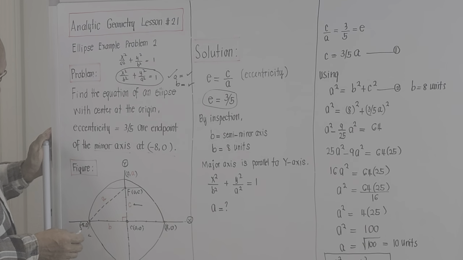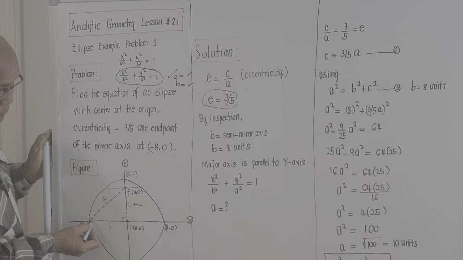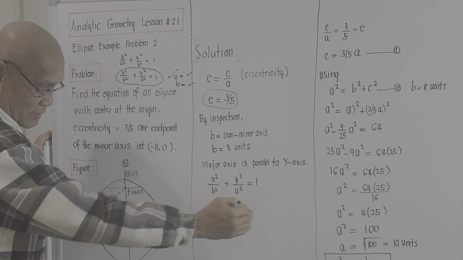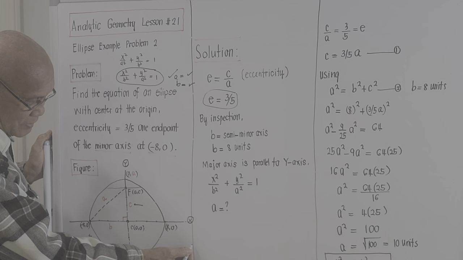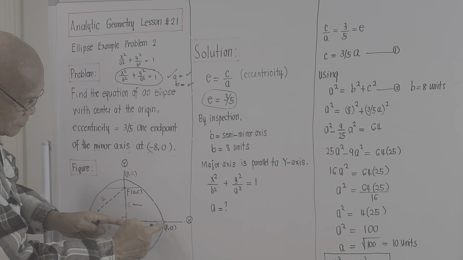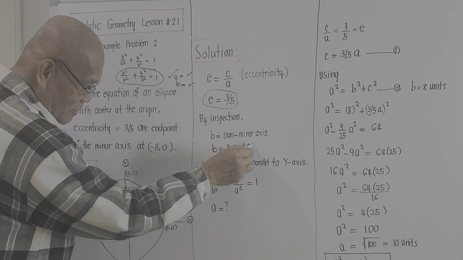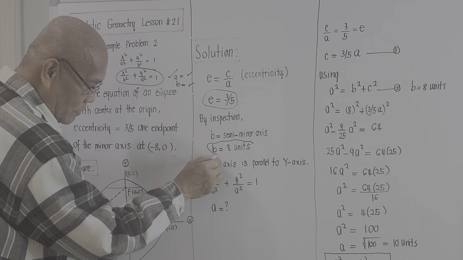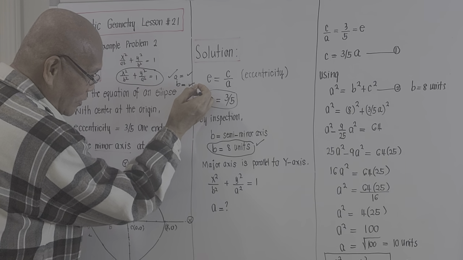Since one of the endpoints of the minor axis is at -8 and 0, the opposite of this will be on the other side. So the other endpoint will be at the location 8 and 0. And one half of this is B. So now, by inspection, the value of B is 8 units. So we are now given this one to be 8 units.